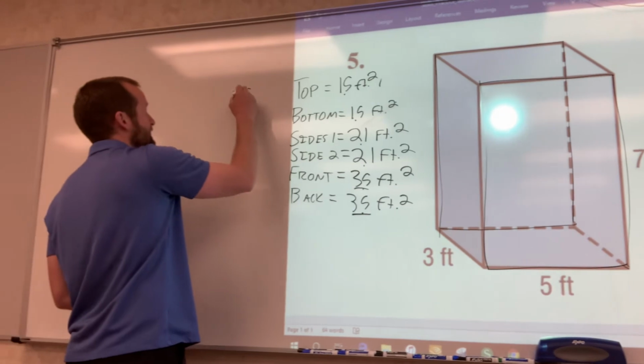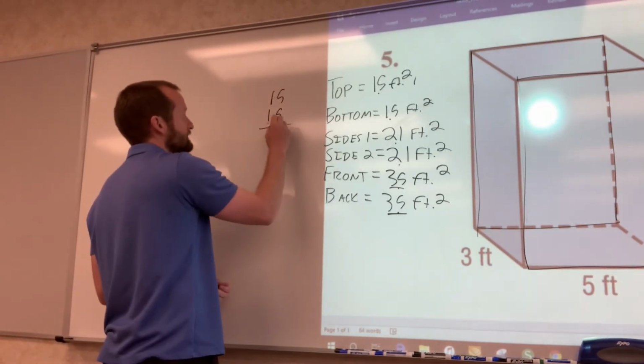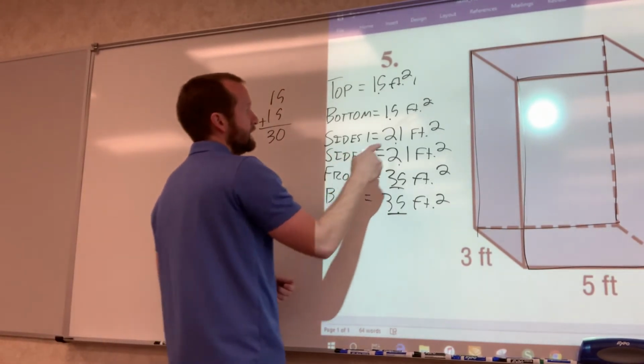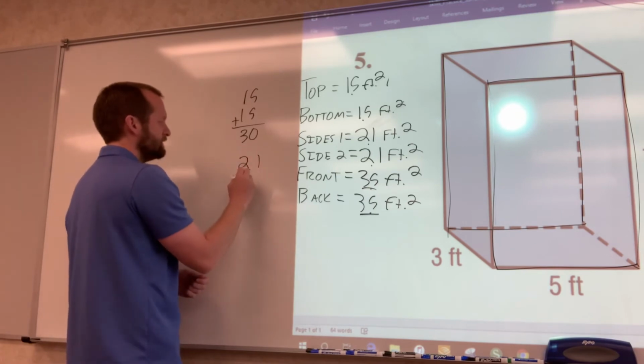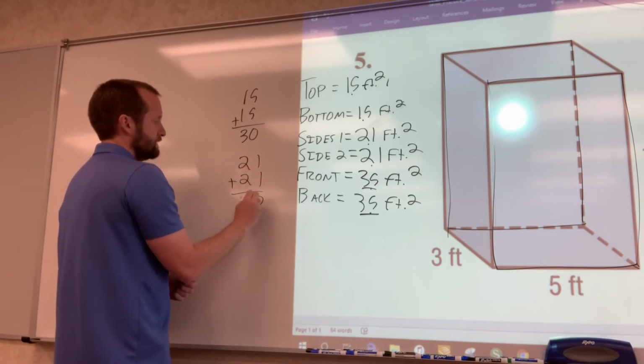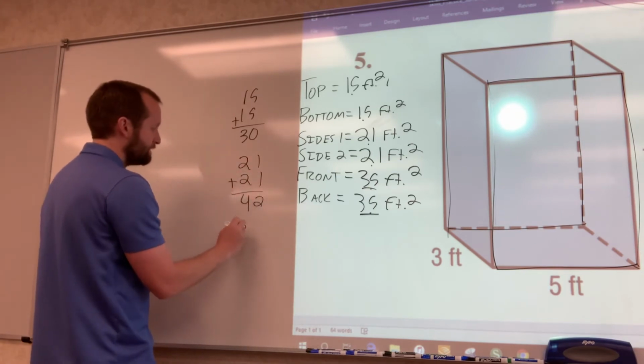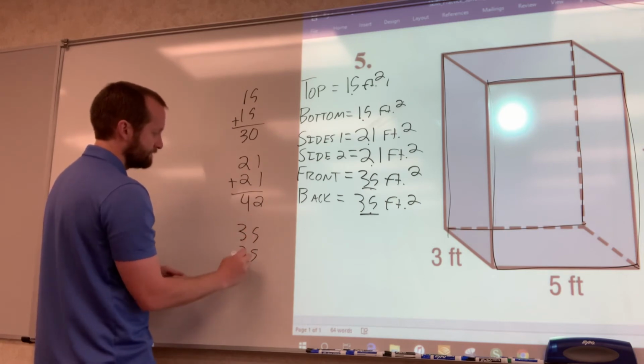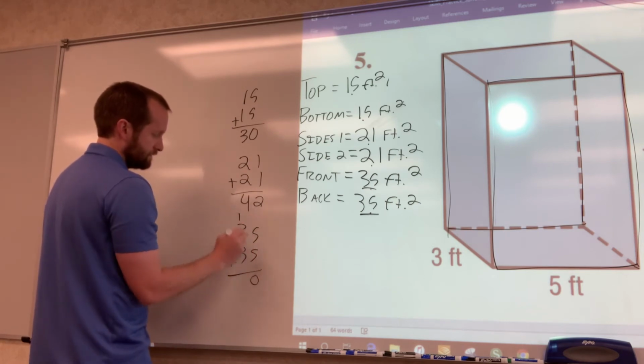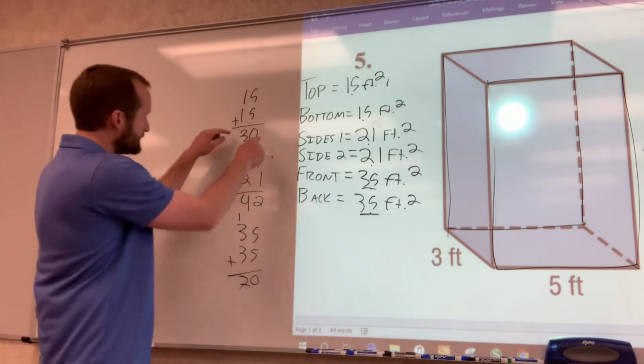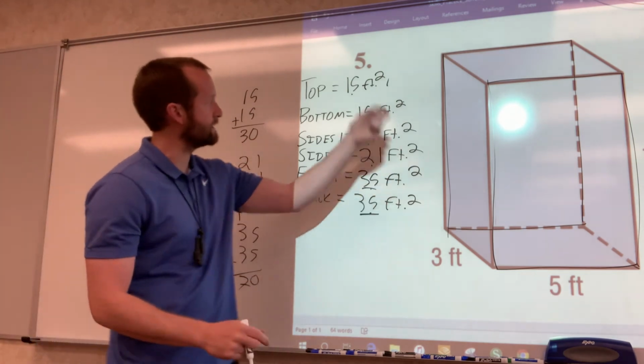15 plus 15, I can do that really quick, is just 30, right? 21 plus 21 is 42. And then 35 plus 35 is 70. So really, what is 30 plus 42 plus 70? We're adding up all the sides.